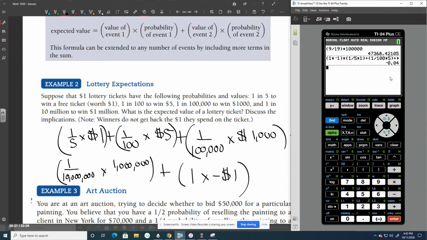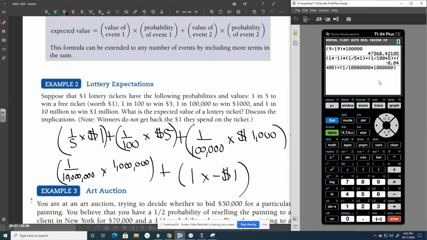And what that tells me is, let's see, 1 times -1, 1/5 times 1, 1/100th times 5. Let's make sure I put all of these in correctly. Nope, that's not what I wanted. Let's go back up here.